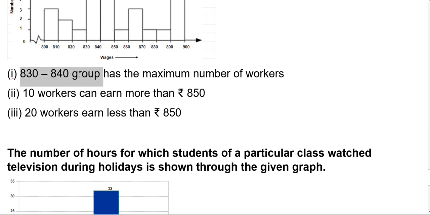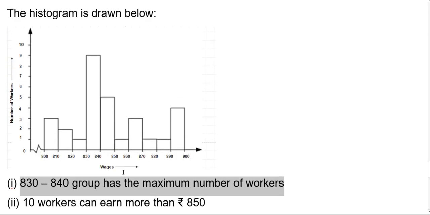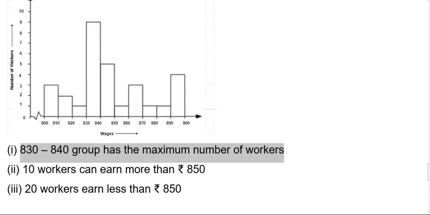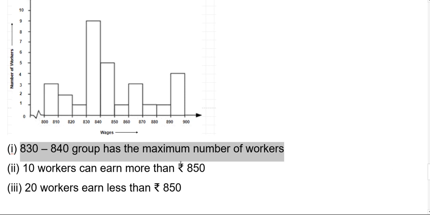First one, the 830 to 840 group has the maximum number of workers, because 830 to 840 has 9 members. Okay, 10 workers earn 850 or more. 850 means this one. Count this: 850, 1, this is 3, 4, 5, 6, and this one is 4.